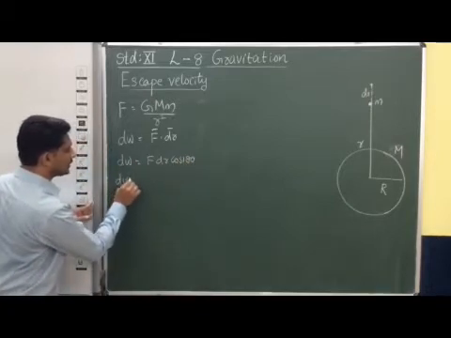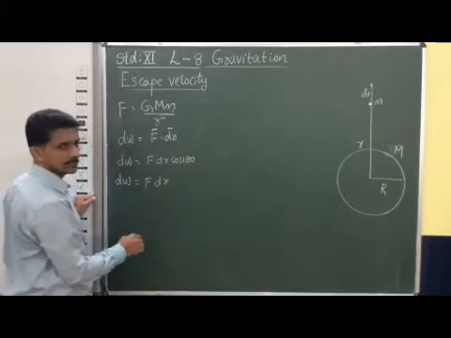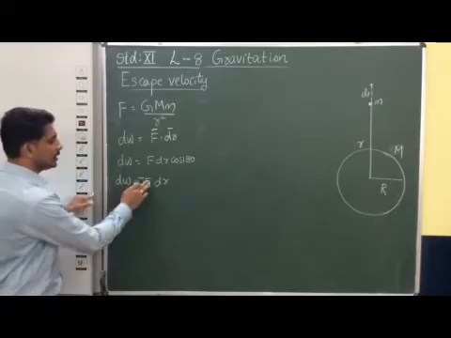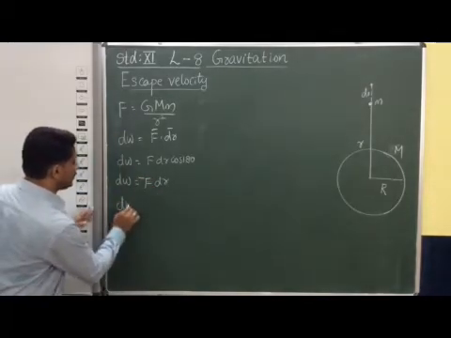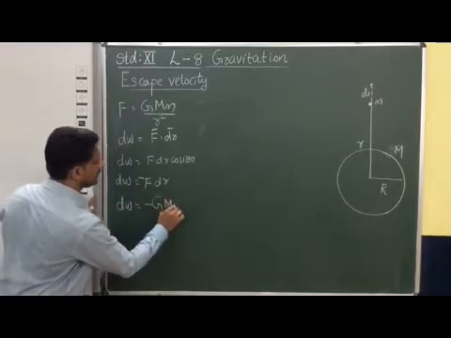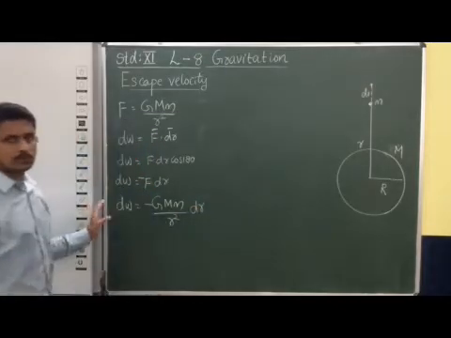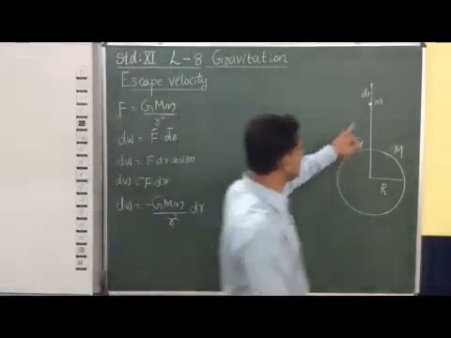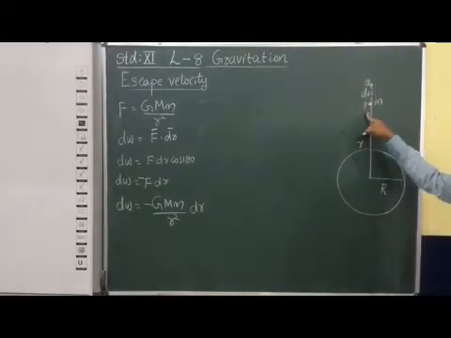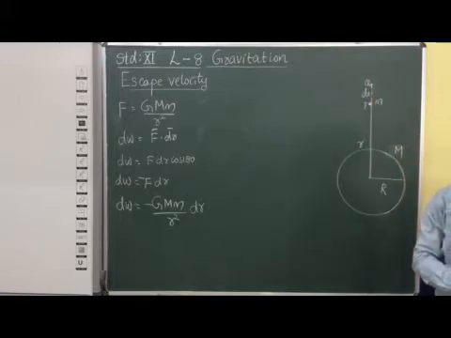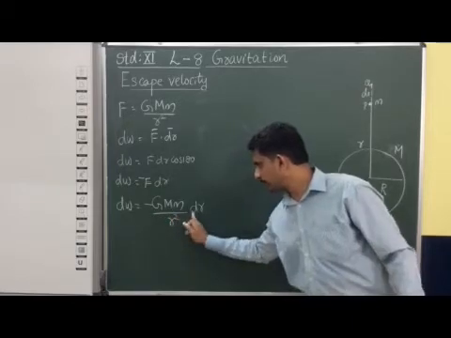Cos 180 is minus 1, so dW is minus F dr. Substituting the value of the force, dW is equal to minus G M m divided by r square into dr. This is the work done to displace the object from point P to Q.